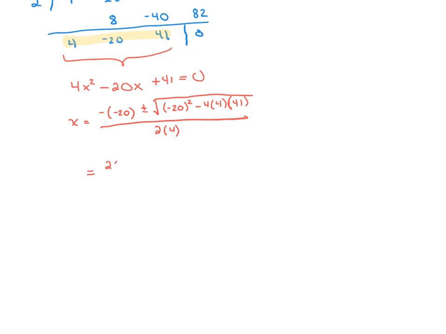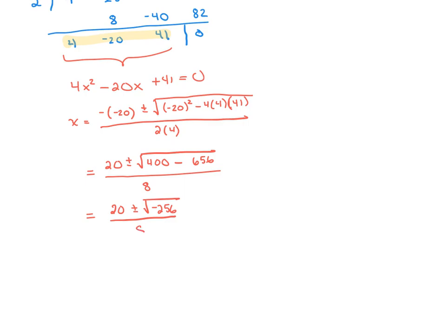So this gives us 20 plus or minus the square root of 400 minus 656. And that's all over 8. So this gives us 20 plus or minus the square root of negative 256. That's all over 8. But 256 is a perfect square.